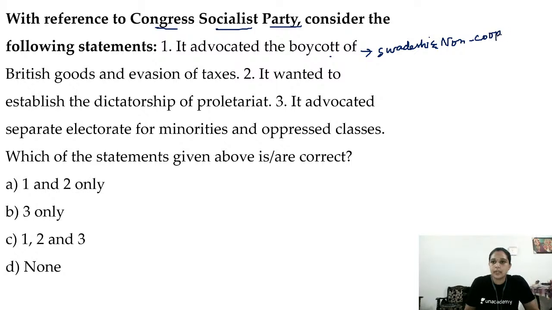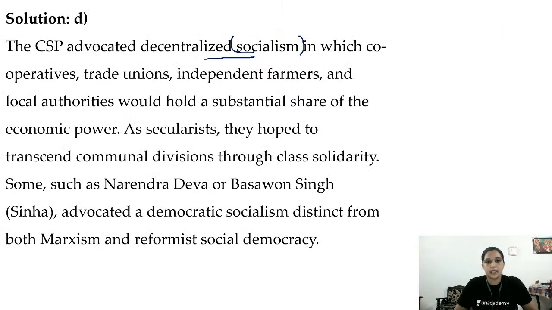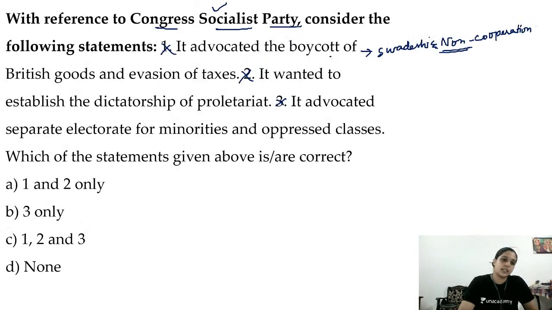Swadeshi and non-cooperation were all the functions of Congress and Gandhiji and people, so this will not come. It wanted to establish the dictatorship of proletariat? Obviously, no. It advocated the separate electorate? No, their function was socialist party, and they worked in the formation of Marxism and reformist social democracy. They wanted a different concept, not that. Okay, so the answer is none.